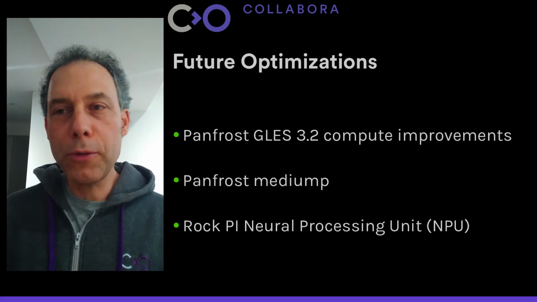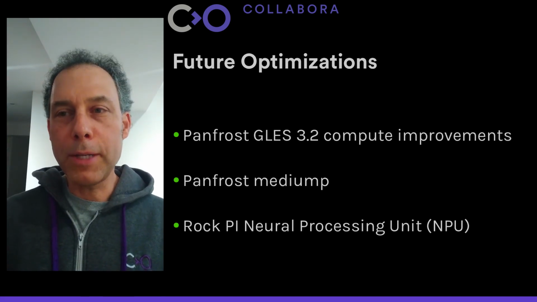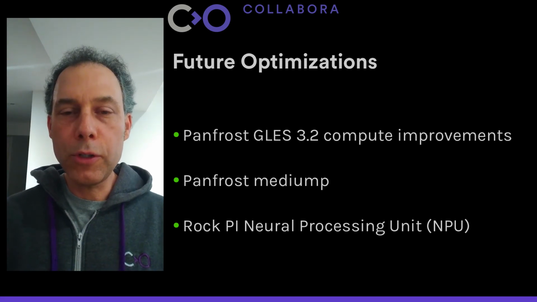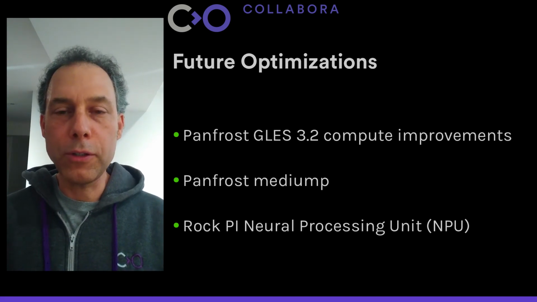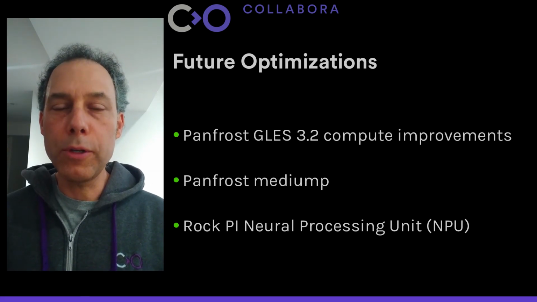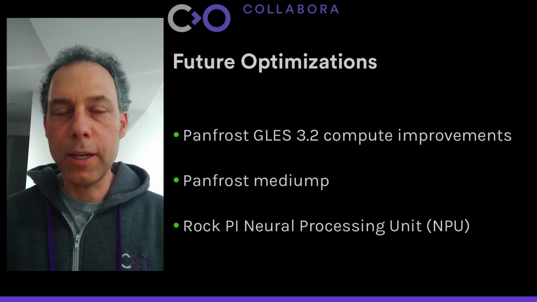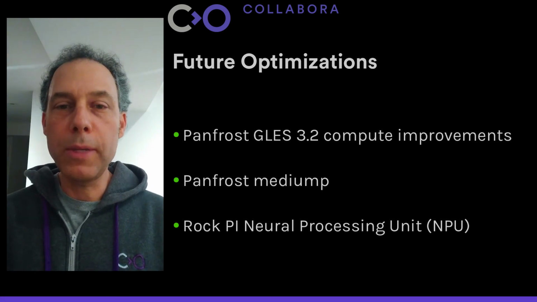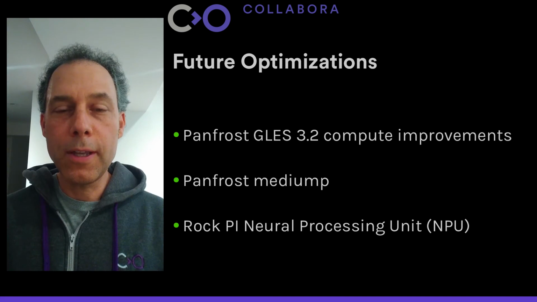In terms of future directions, first of all, as I mentioned, Panfrost is a relatively young project, and GLES 3.2 is a very new feature for Panfrost. So we're hoping that as the driver matures, we will get some compute improvements on the GLES side of things. There's another feature on the horizon for Panfrost called medium P, medium precision.